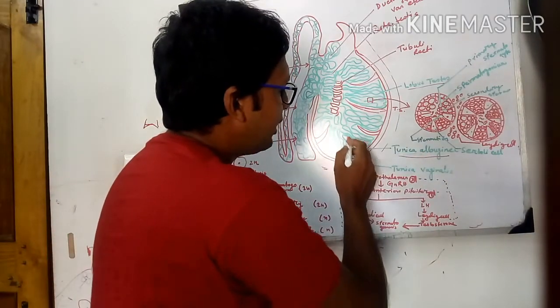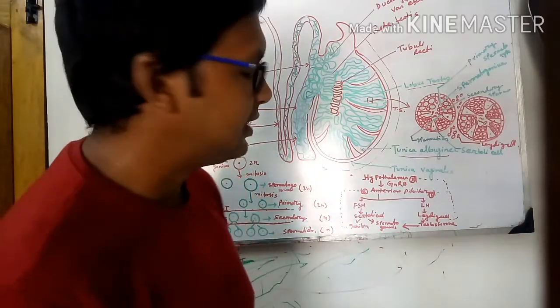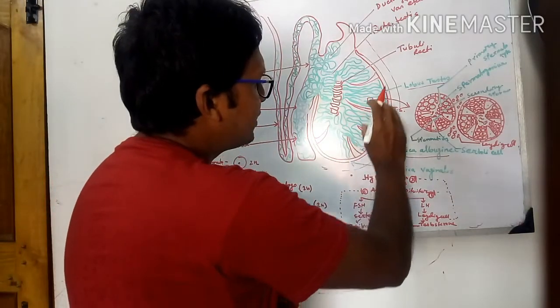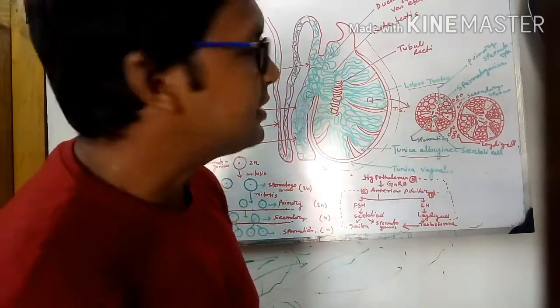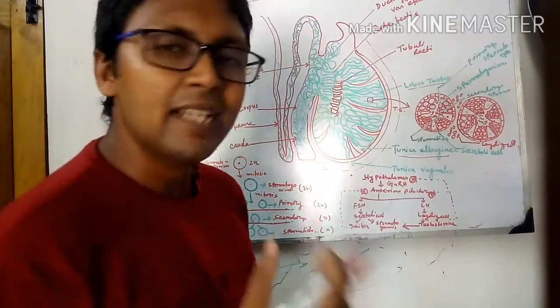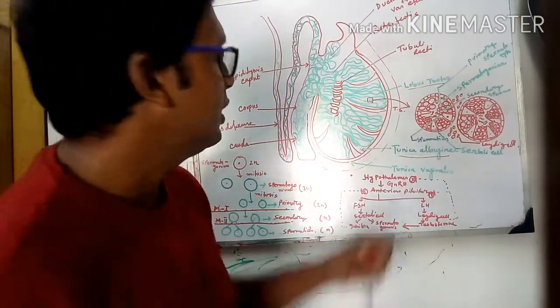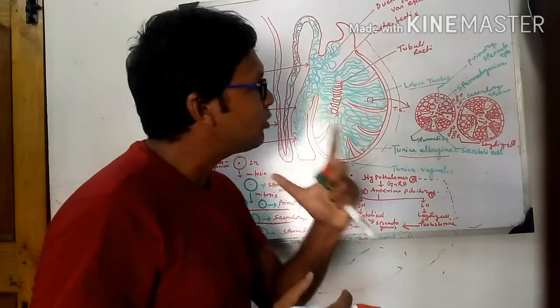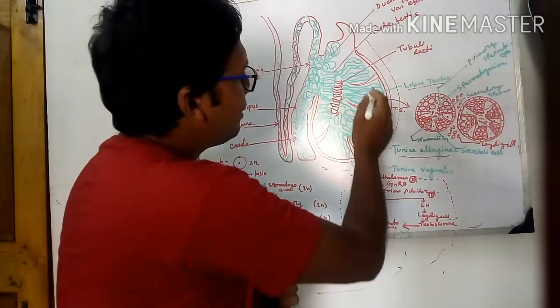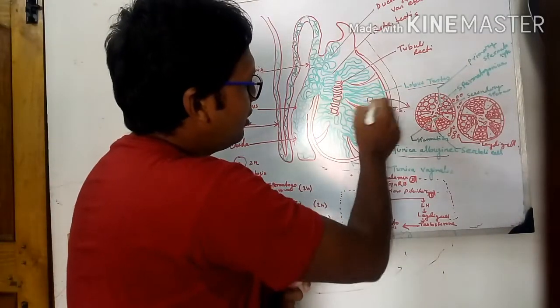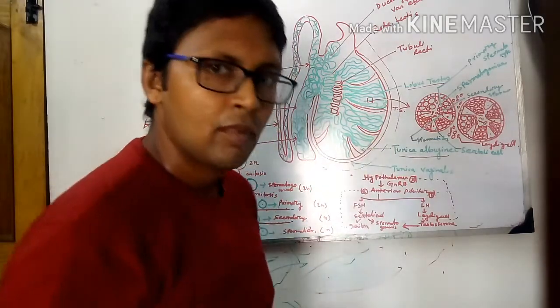Tunica albuginea invaginates as finger-like projections inside and forms small chambers. These chambers are called lobus testis. Inside the lobus testis, highly coiled seminiferous tubules are present. Why are they present in such a highly coiled condition?